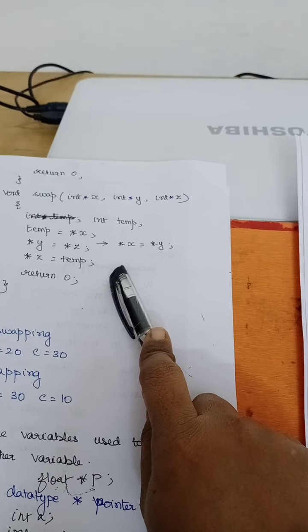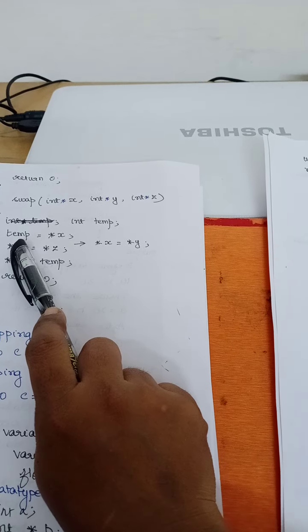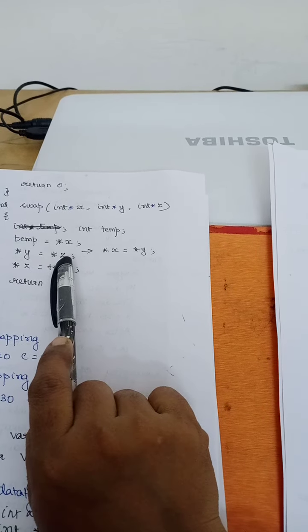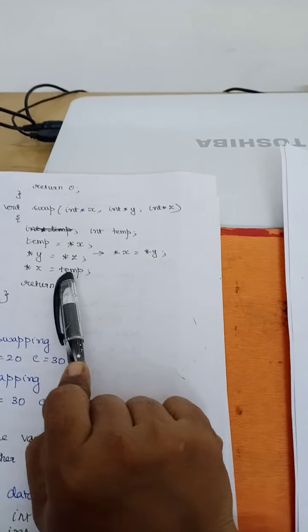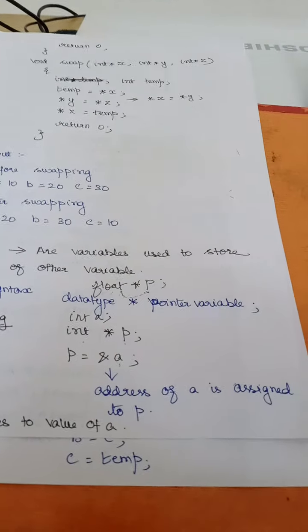Here I have used a temporary variable and assigned the value of X to temp, and Y is assigned to X. For Y I am assigning Z, and for Z I am assigning my X value, temp. Clear? It's a very simple program.